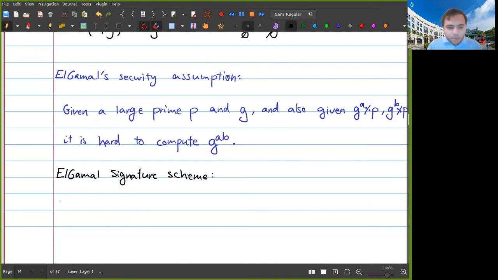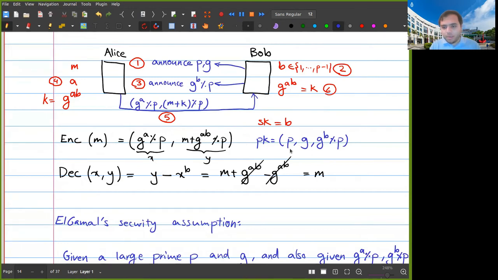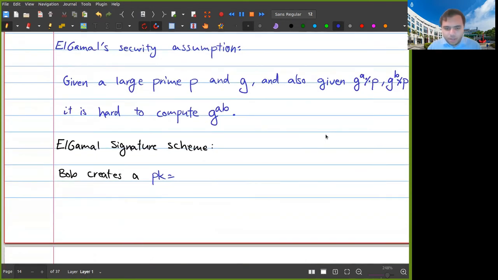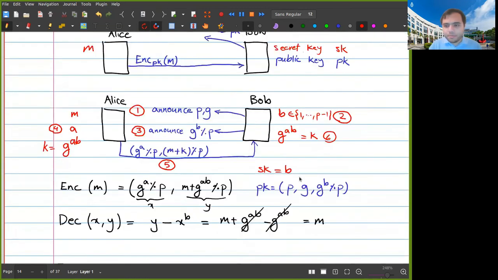So Bob creates a public key. And as we saw, the public key has several parts. So the public key has 3 parts: p, g, and g to the power of b. Okay, p, g, and g to the power of b. And again, all calculations are modulo p. So this is the public key that Bob will publish to everyone. And he will, of course, also have a secret key, which he keeps to himself, which is the number b. Right?